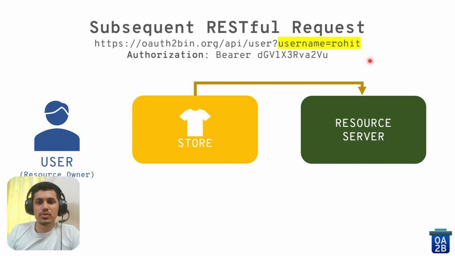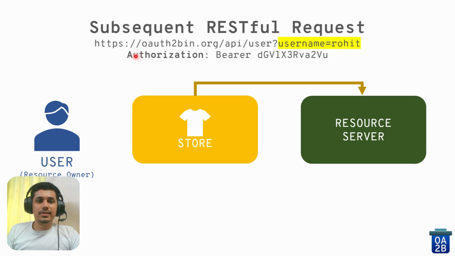If the t-shirt store was looking at the Google API, maybe they have something like apis.google.com/something, and they maybe want to check out this user, and then you send a query parameter to filter the request. So maybe you want to check out the user with a username of Rohit, which is my name, and the access token, you would need to somehow send the access token to them to verify that you are indeed authorized to make this request.